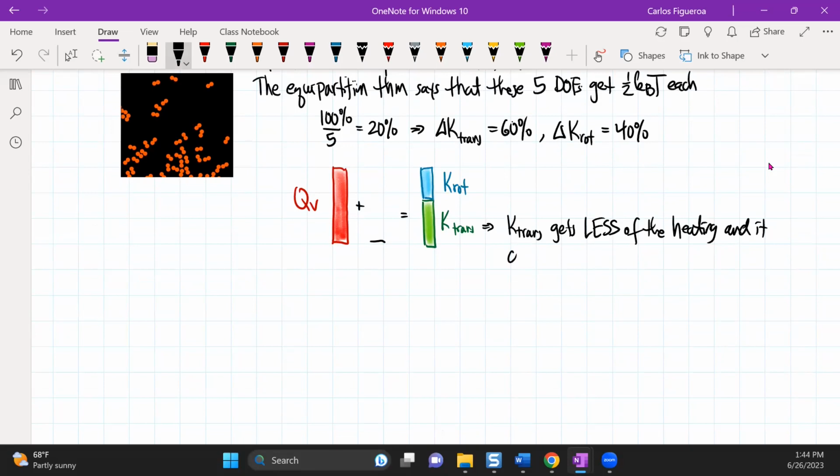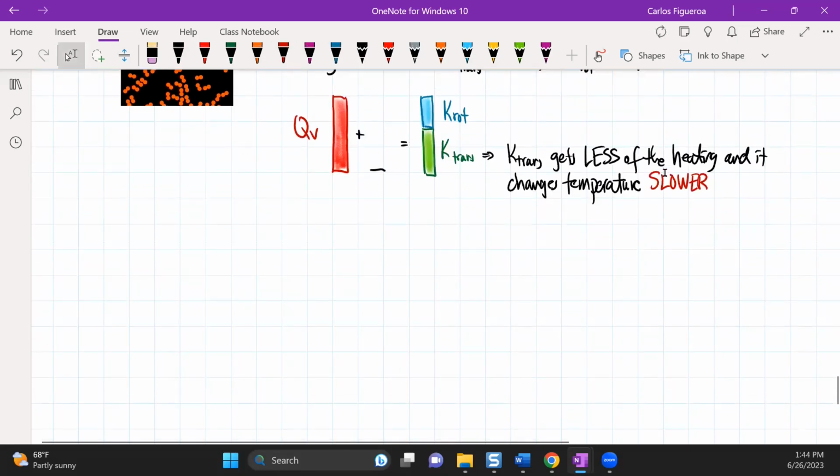It changes temperature slower. And that's exactly what we talked about when we were dealing with the pie crust versus the pie filling. There was a change in how you deal with that.